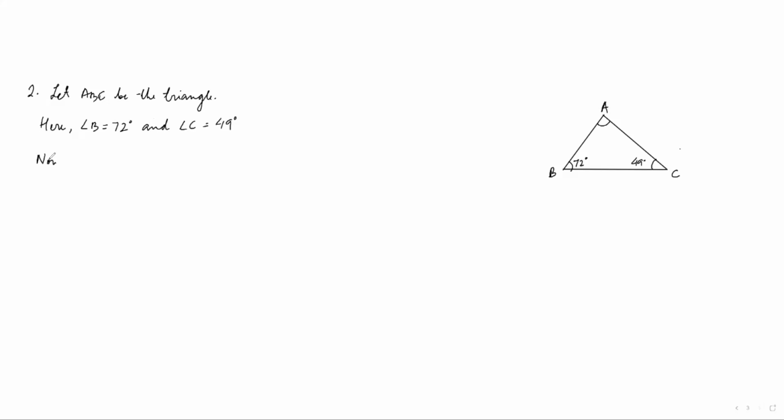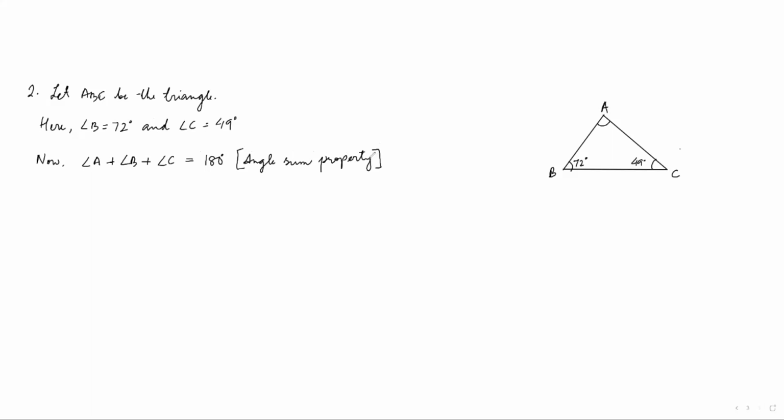Now angle A, B, C, the sum of these three will be 180. We write the angle sum property here so that we don't forget it.